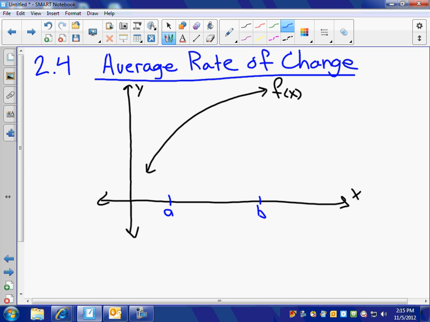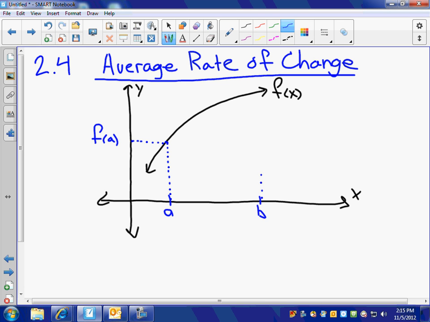Does anybody know if this is f of x and this is A, what would my y value be here? If this x value is A and this function is f of x, what would my y value be? F of A. I would plug it in, and whatever I would get would be my y value.